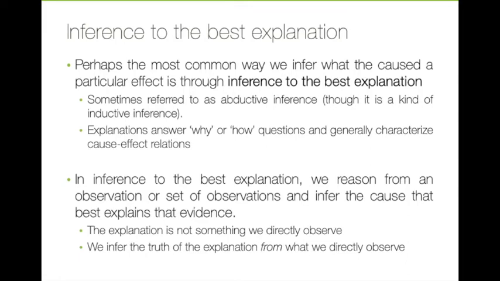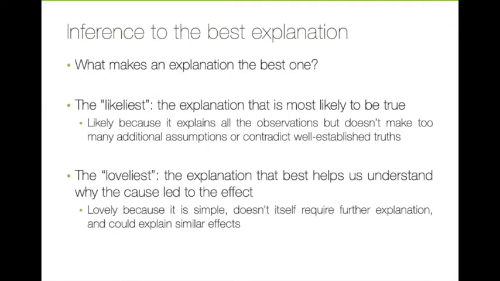Instead, we have some observations and we infer the truth of the explanation from what we observe. Now, there are no formal rules for what makes the best explanation, but we can give some guidelines for what makes a better explanation. And the best explanation should be the likeliest one and the loveliest one.